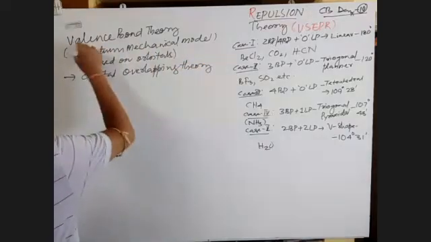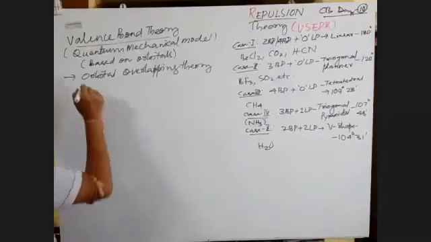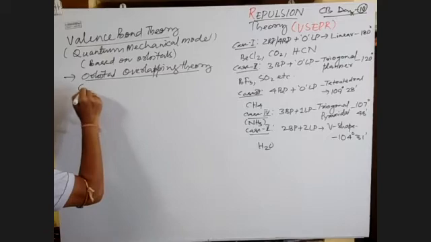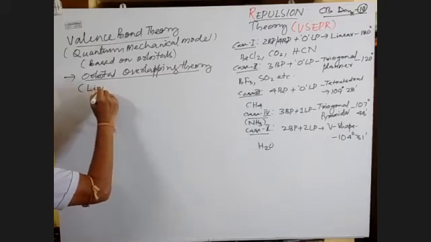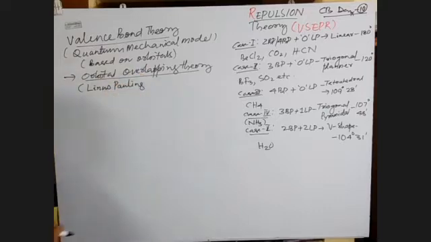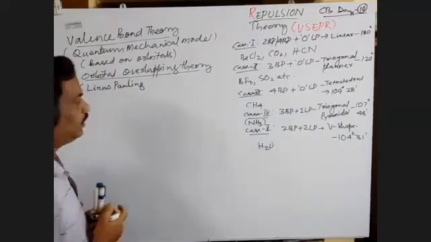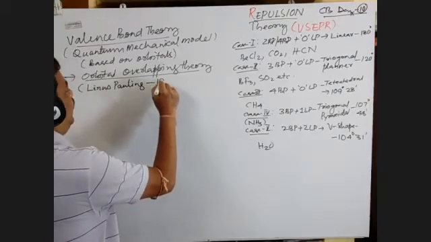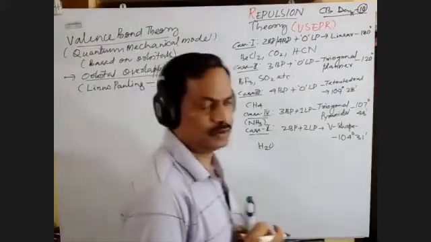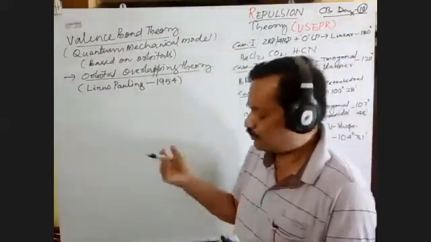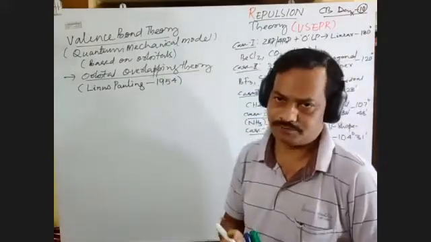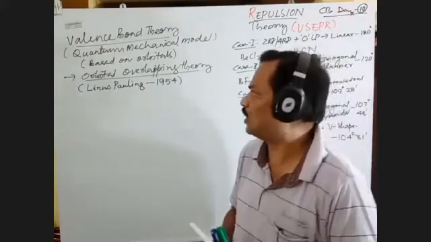It is also called valence bond theory or orbital overlapping theory, which was put forward by Linus Pauling, who invented the electronegativity scale in 1954. So this theory was developed by Linus Pauling in order to explain the quantum aspect of chemical bonding. So how are the orbitals overlapping?